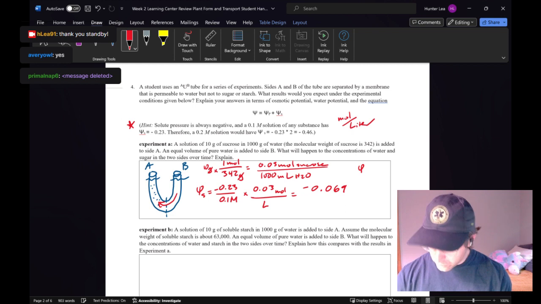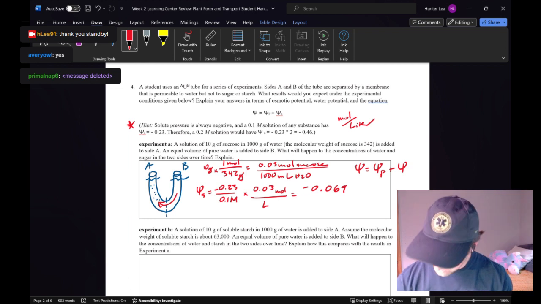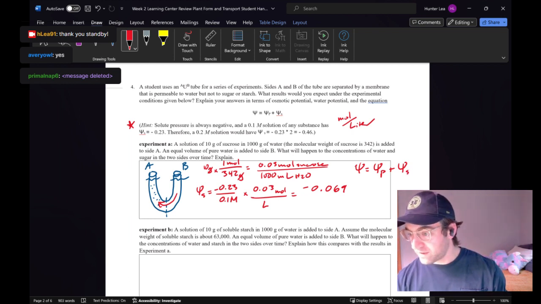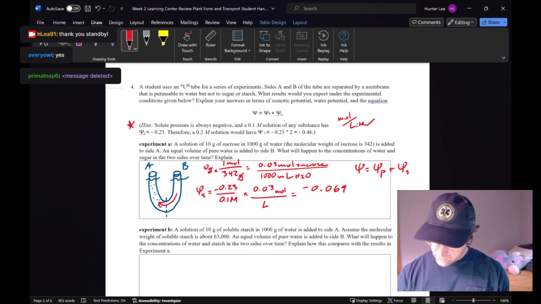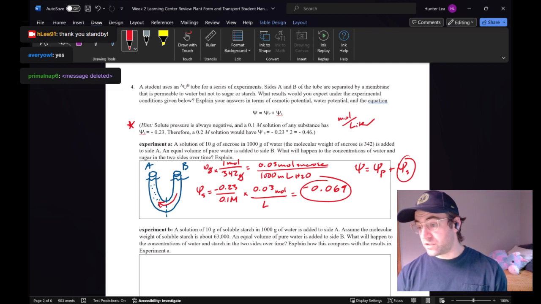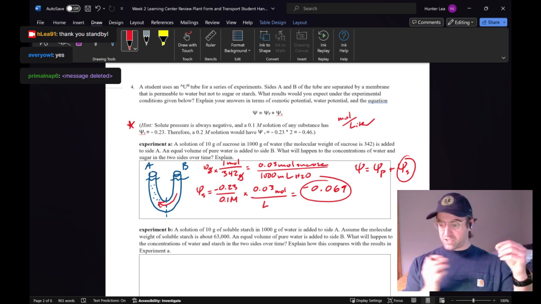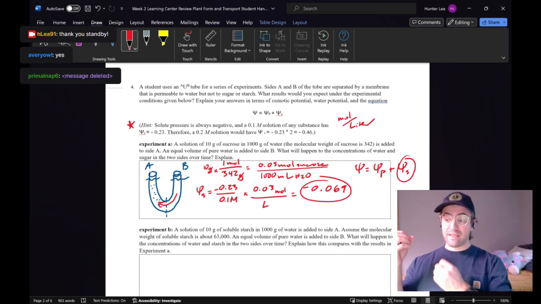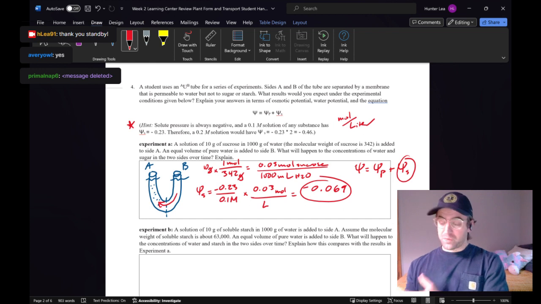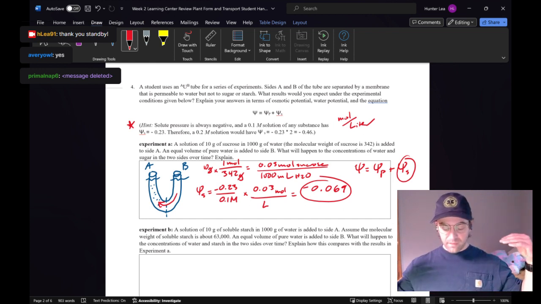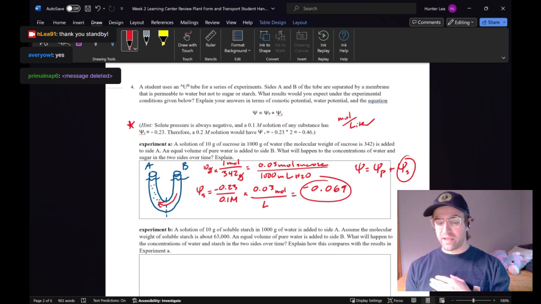Now, going back to our original water potential formula, we also had to think about pressure potential. So our solute potential is accounted for, do we have to worry about pressure potential? The short answer here is no, because we have a solution on side A with an equal quantity of pure water on side B. There's no difference in pressure potential between them.